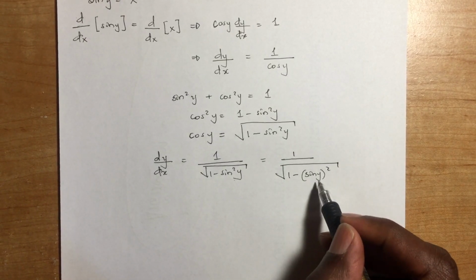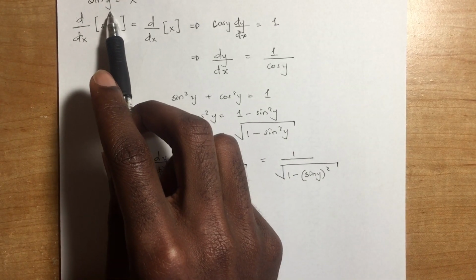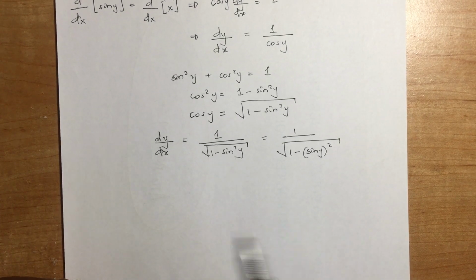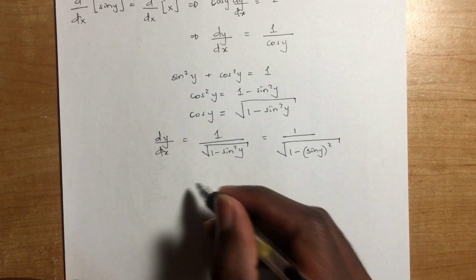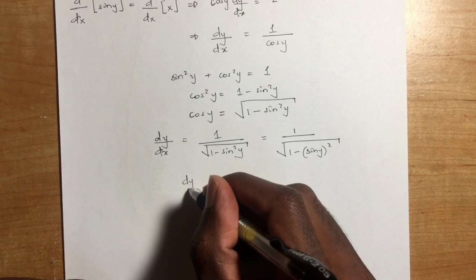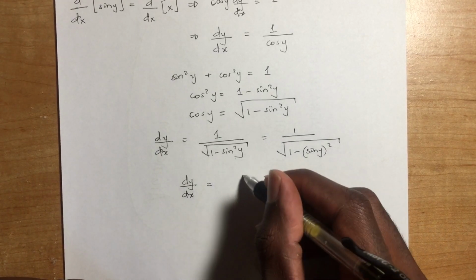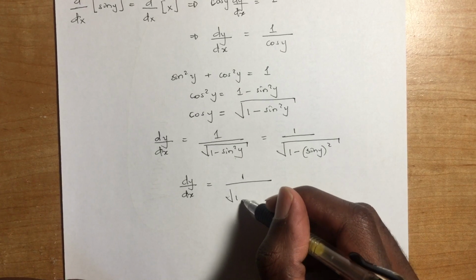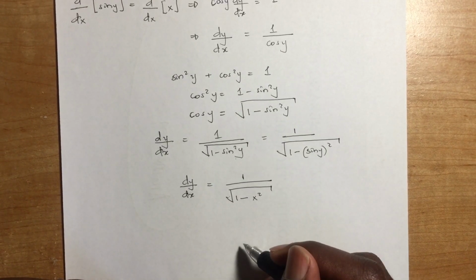We know sine of y is the same as x from the beginning of the problem. So if we substitute x in here, we're going to end up with dy/dx equals 1 over the square root of 1 minus x squared. And that's basically your answer.